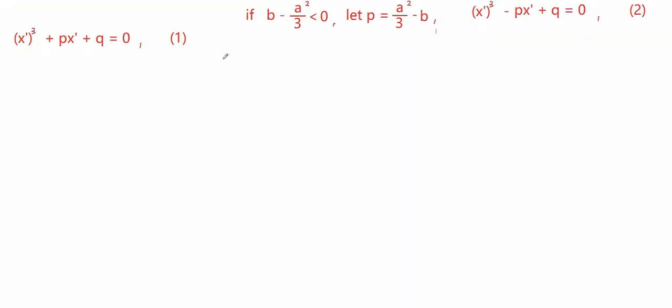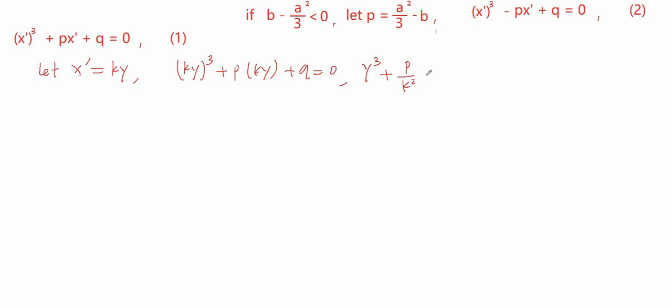We can use the parameter extension method as we said in example 2. So we let x dot equal to ky, and then ky cube plus p ky plus q equal to 0, and y cube plus p divided by k square y plus q divided by k cube equal to 0.